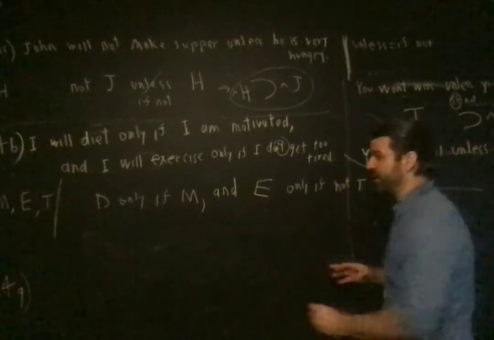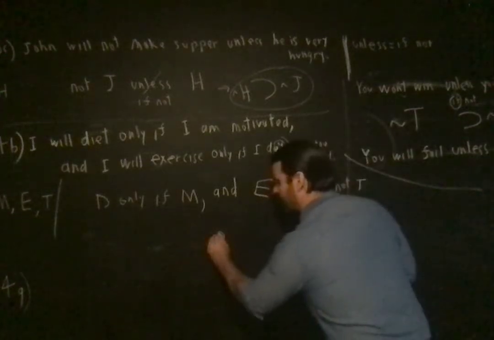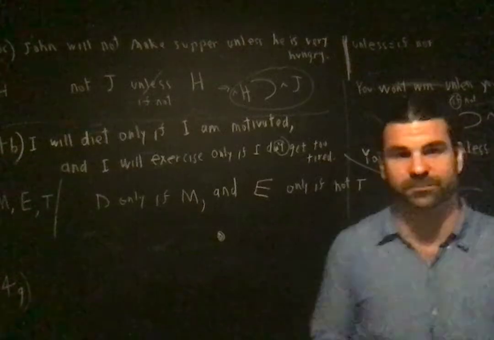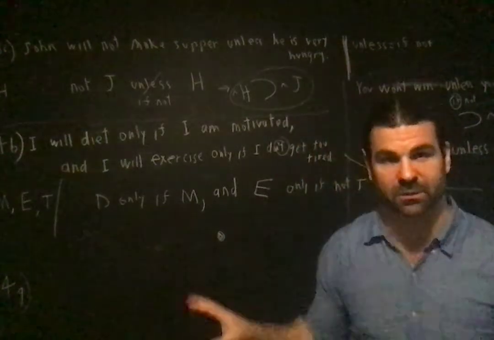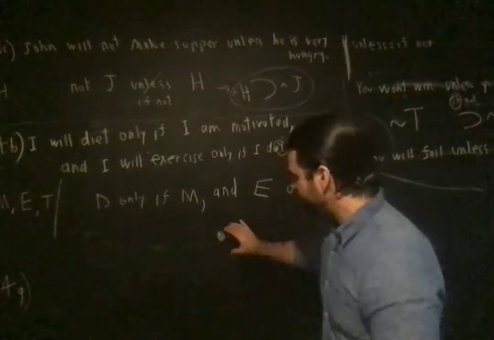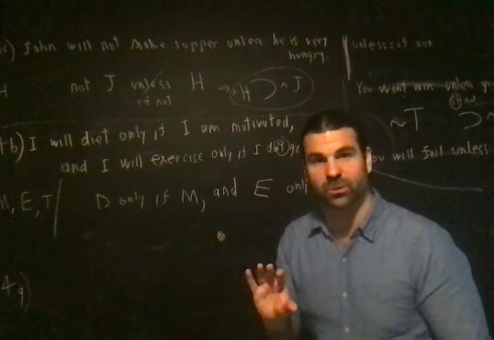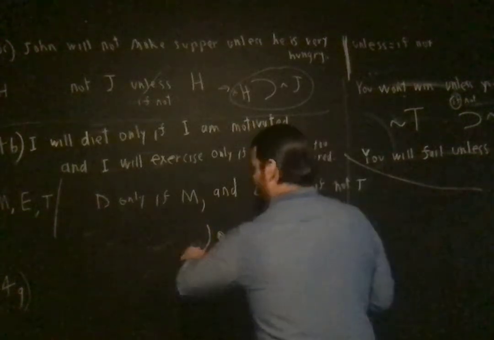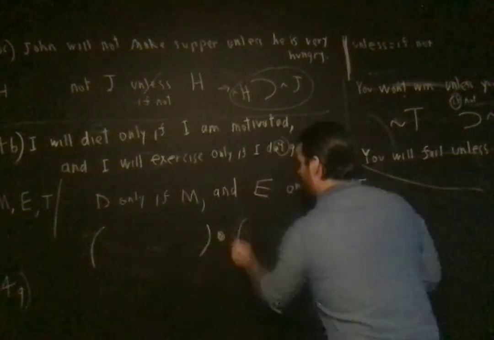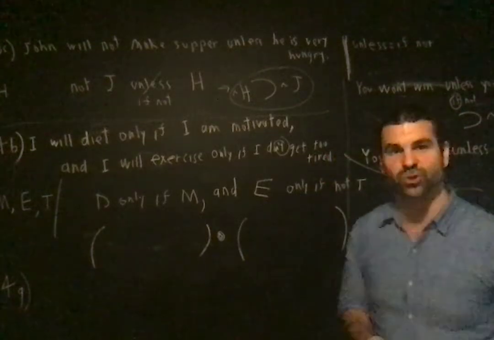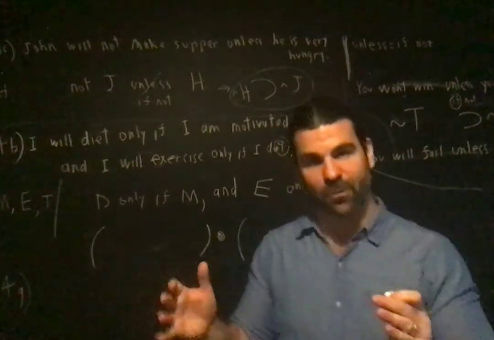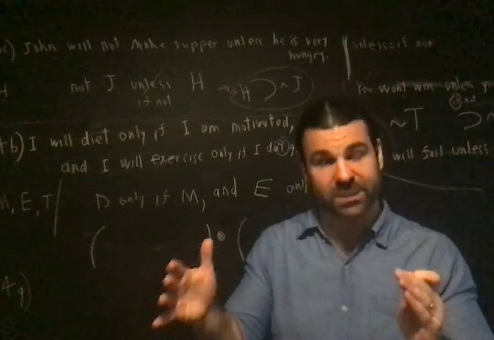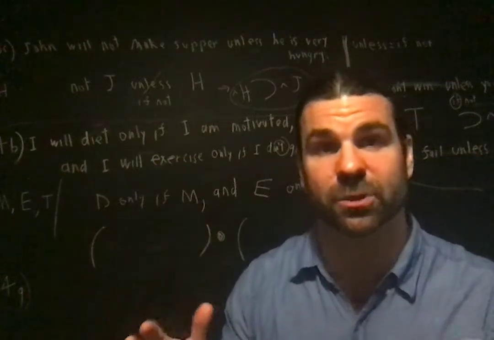So look at what I do now. This is crucial, the thing I was stressing, and now you'll see it in an example. It's crucial that I put the major operator down first, because I have to ensure that the logical form of my string of symbols, my answer, is the correct logical form.